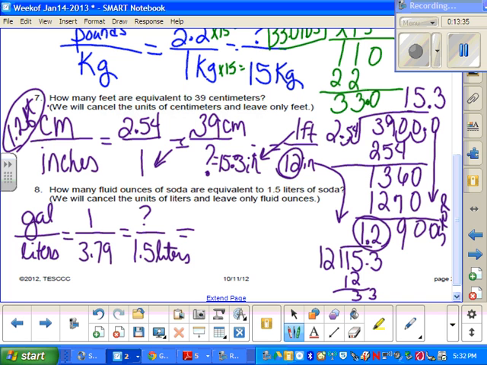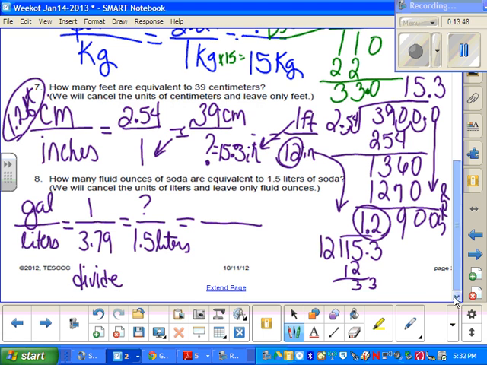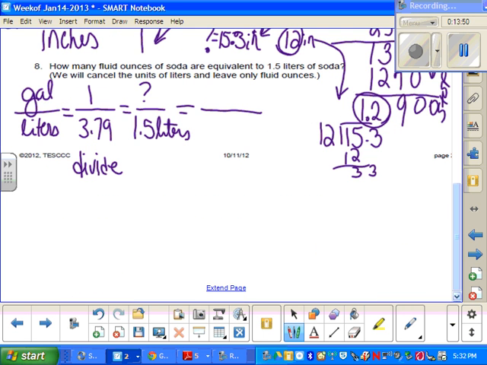So once again, we've got to solve this. Are we going to solve it now or keep going? Okay, so we're going to divide. So we've got 3.7. Sure, we're going to round on this one. That is much easier.